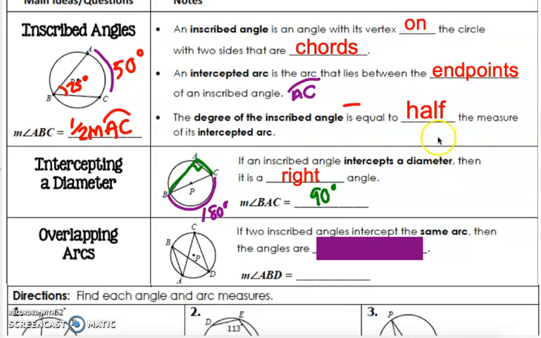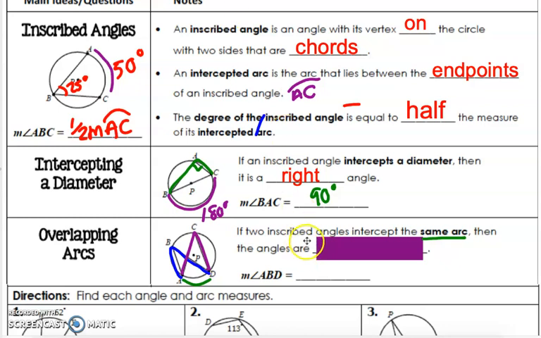There's one more relationship. You can have two inscribed angles that intercept the same arc. Let's look at this. I have an inscribed angle ABD opening up to AD, and I can also have the inscribed angle ACD, which is also opening up to the same arc AD.